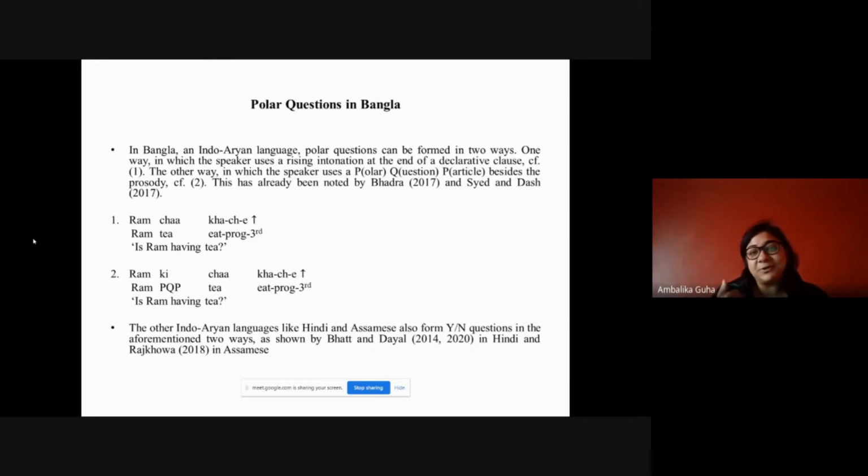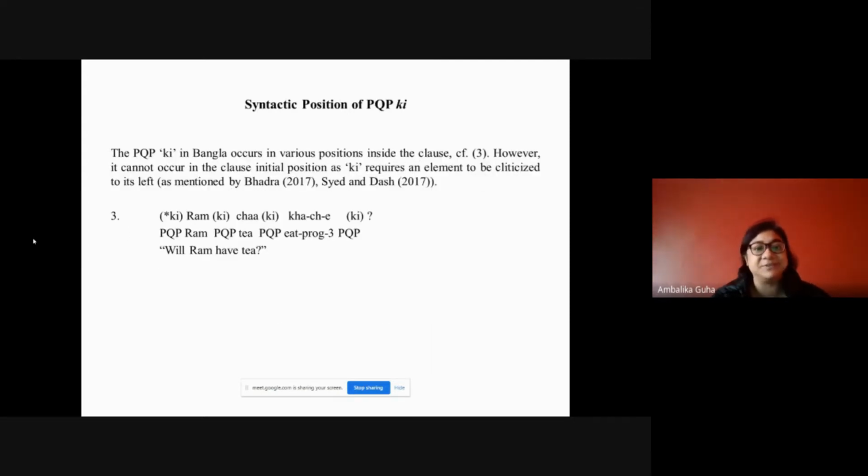We can also have a polar question particle marker ki besides the prosody. Ram ki cha khache, is Ram having tea? Bangla is not the only Indo-Aryan language which forms yes-no questions using these two methods. We also have Hindi and Assamese, which have also been quite well argued in the literature.